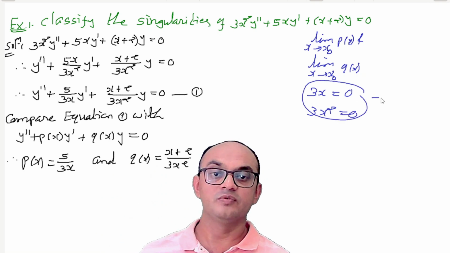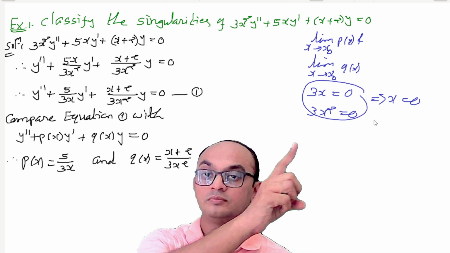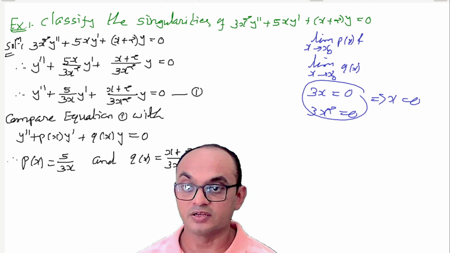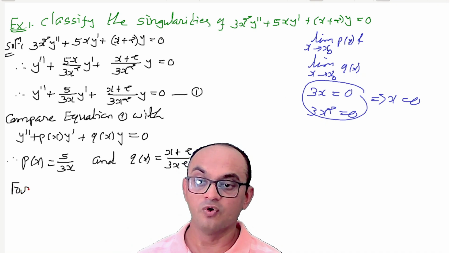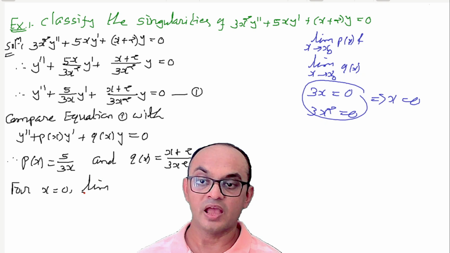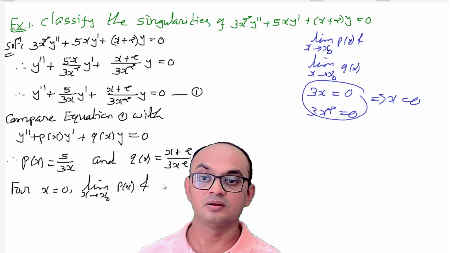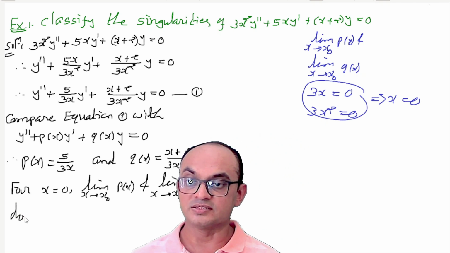In both cases, we are getting x equal to 0, right? So at x equal to 0, p(x) is infinity and q(x) is infinity. Let us note it down: for x0 equal to 0, the limit as x tends to x0 of p(x) and the limit as x tends to x0 of q(x) do not exist.